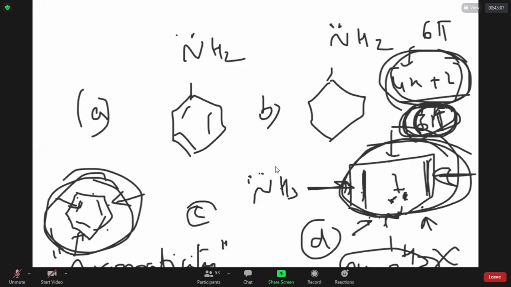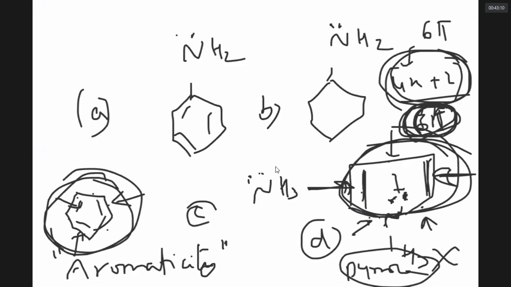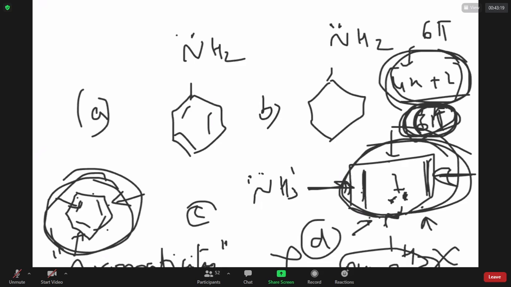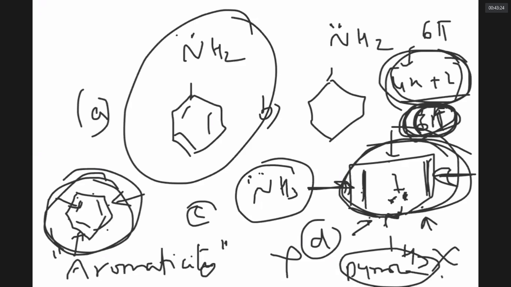If these 2 electrons on nitrogen are also participating, it gets aromaticity. So pyrrole is the worst base and ammonia is a base. Aniline is a poor base because the lone pair is withdrawn by resonance. Therefore, pyrrole is the worst base.